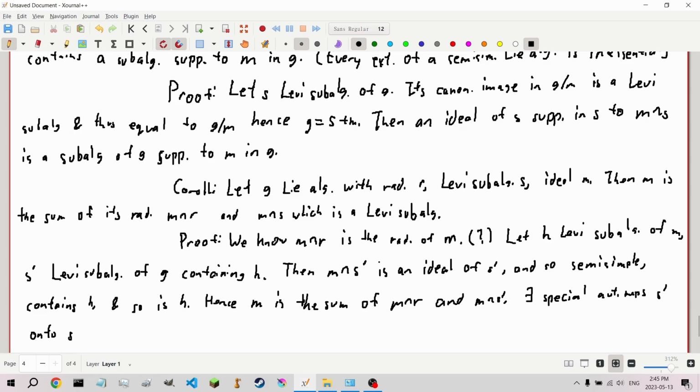This is going to leave R and M invariant. Hence, M is the direct sum of M intersection R and M intersection S, and M intersection S is a Levi subalgebra. And so we're done. It got a bit messy here at the end.